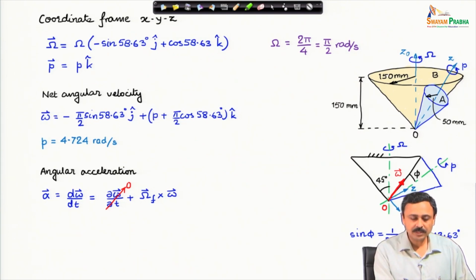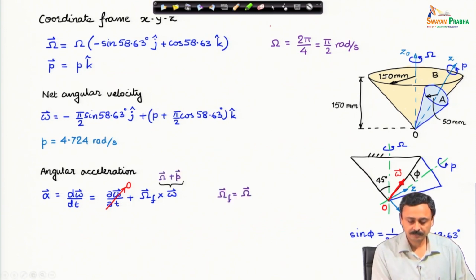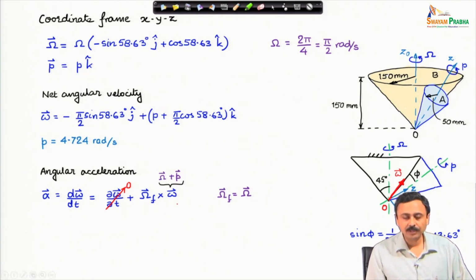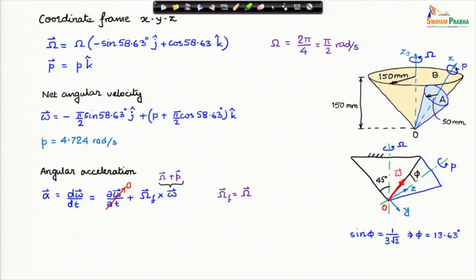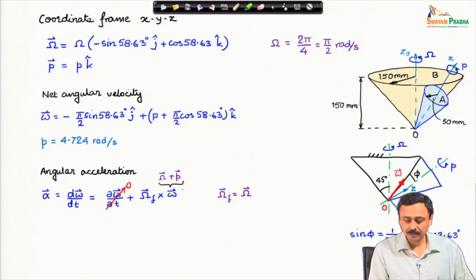Omega frame is nothing but capital omega, I have mentioned this, and the net angular velocity of cone A, the body, is omega plus p.